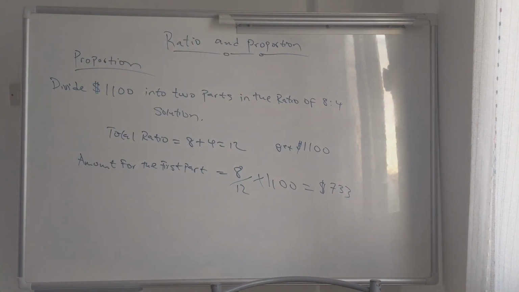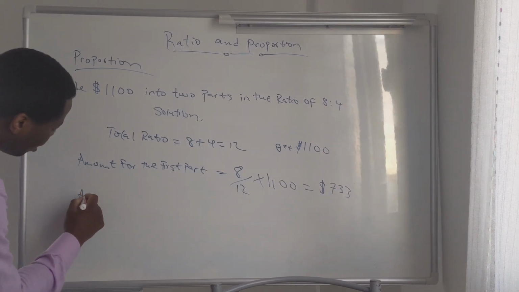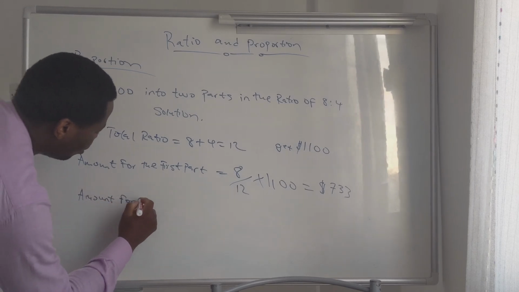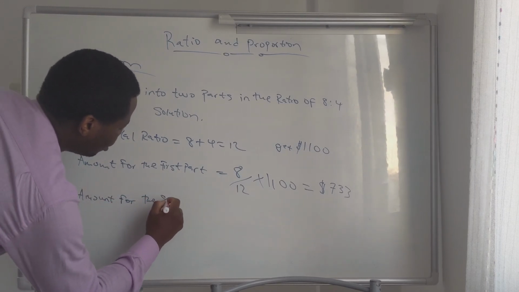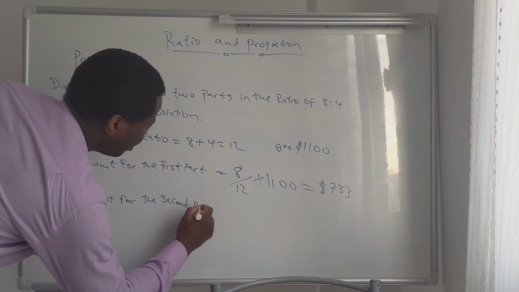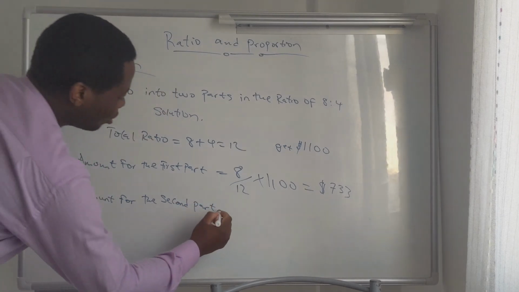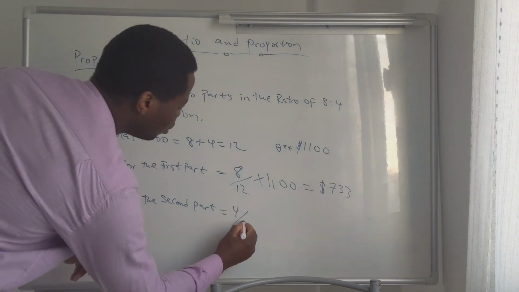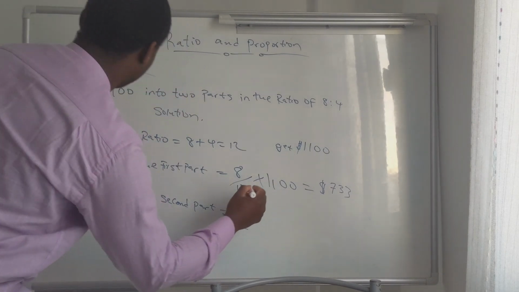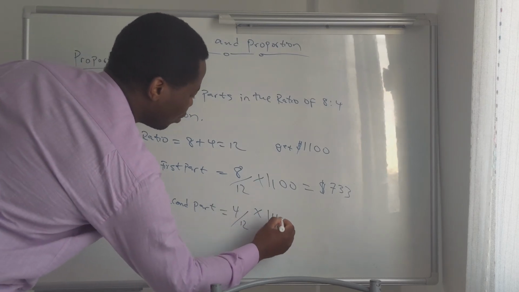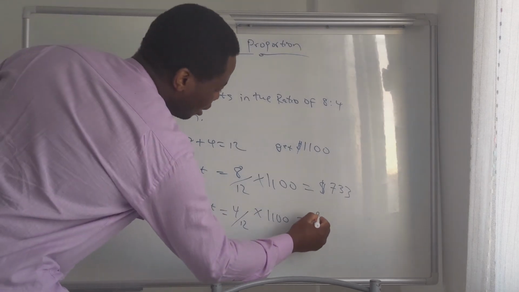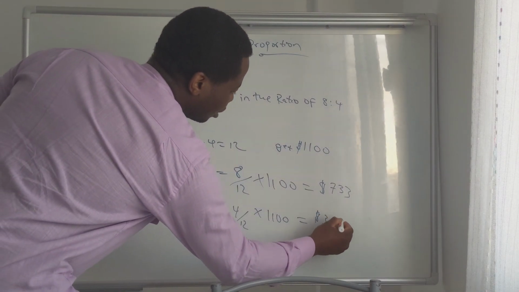Now, the amount for the second part is 4 divided by the total ratio, which is 12, times the total amount here, 1,100. So there we're going to get $367.